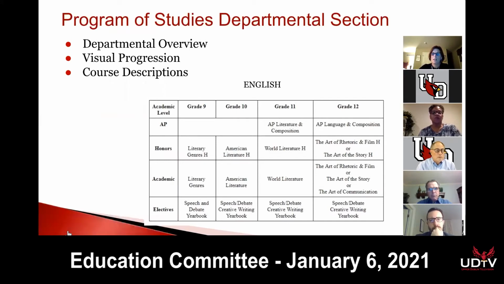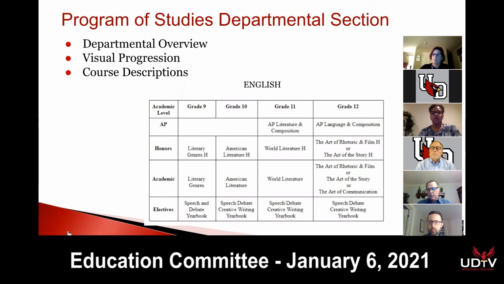Okay, so as I mentioned earlier, in the second portion of the program, here we have departmental information, and supervisors have an opportunity to give descriptions as to important information about their content area, as well as provide this example of a visual progression of how students move throughout their 4 years of high school.